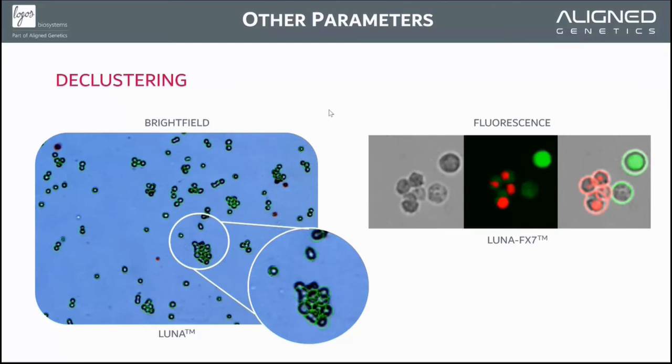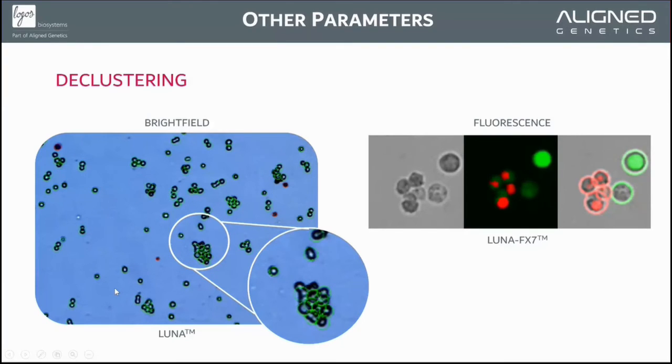Declustering is another aspect that you need to take into consideration. Here I took the example of the first and the last instrument we put on the market. You see that straight from the first instrument, the Luna, which was our first instrument and is currently discontinued, we have an outstanding declustering algorithm.